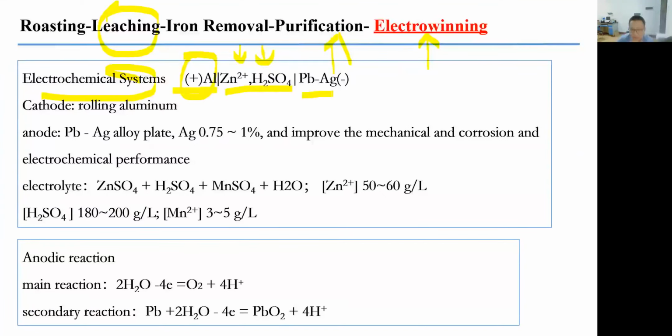The anode is made of lead with some amount of silver additives. So the cathode is rolled aluminum and the anode has a certain amount of silver, as I have mentioned.